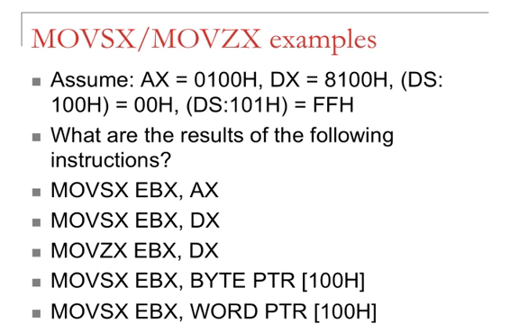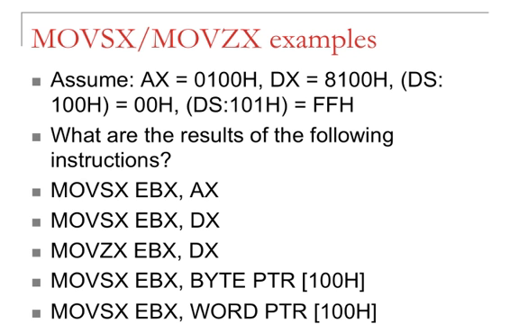So we're going to look at a few examples. We assume AX has 0100, DX has 8100. And again, we assume we have 00 in memory location DS 100, and we have a byte FF in DS 101.